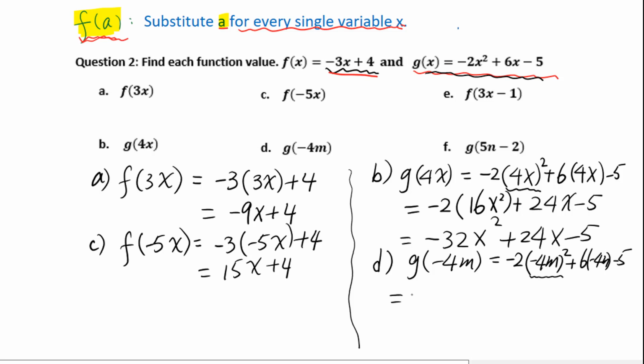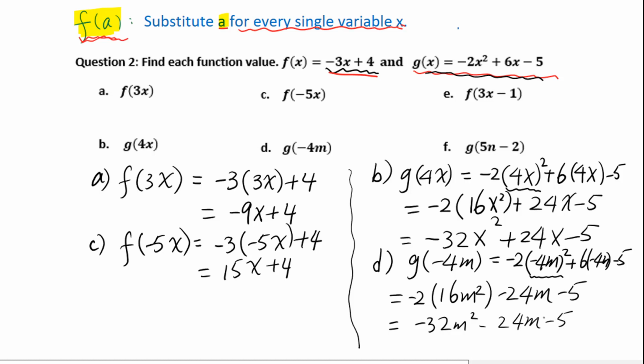That is a positive 16m squared. So we have negative 2 times 16m squared. 6 times negative 4m will be negative 24m, then minus 5. Keep going. Negative 2 times 16m squared is negative 32m squared minus 24m minus 5.